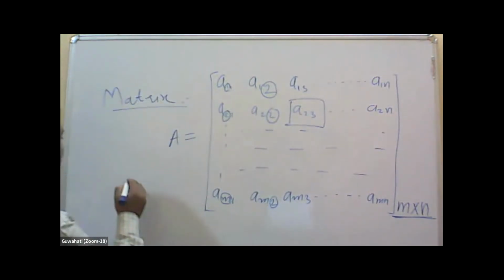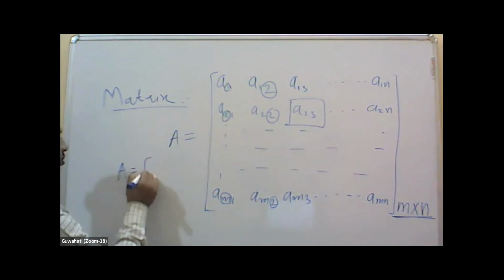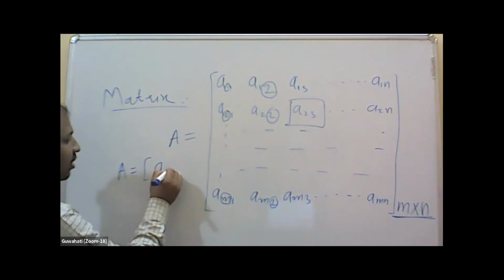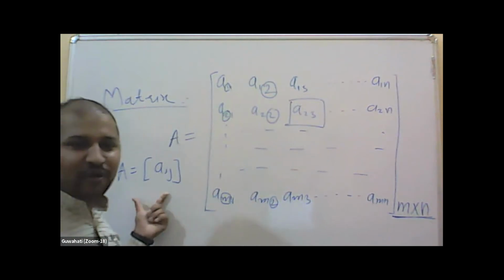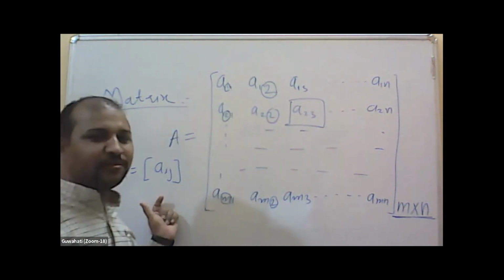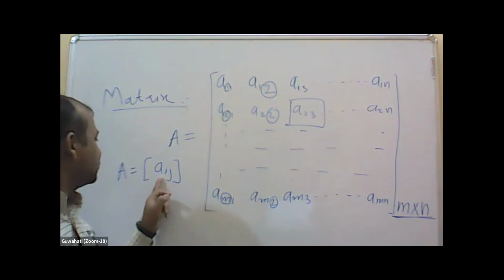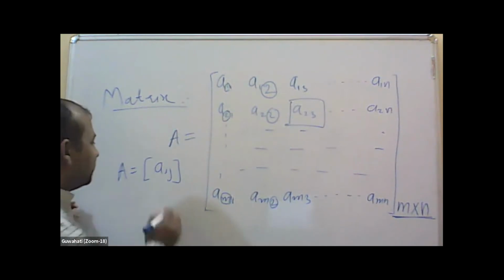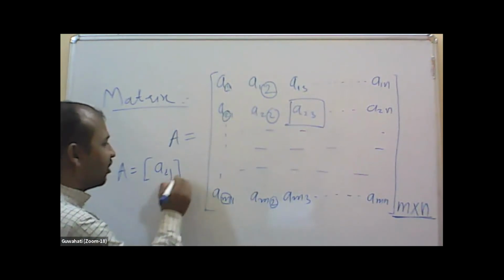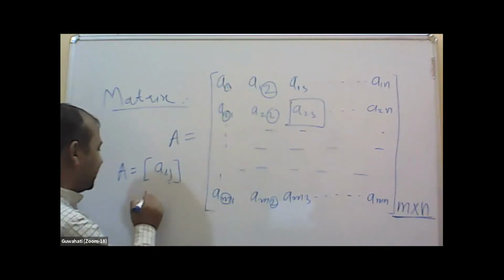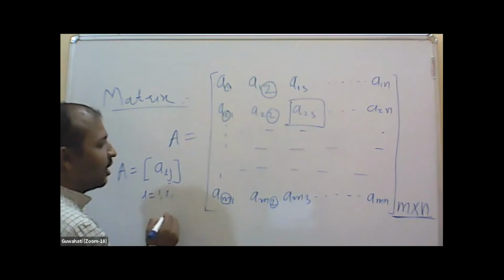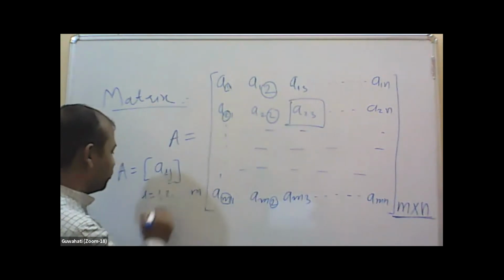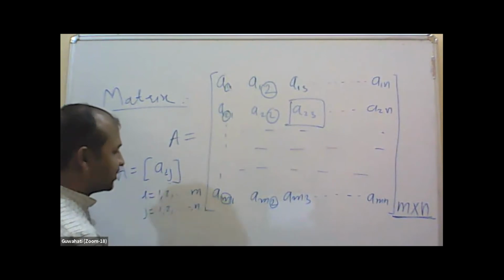Suppose I write A equals this whole matrix, I can write it in a very simple and small representation. I can write A equals Aij, meaning i rows and j columns, where i equals 1, 2, and so on. How many rows are there? There are m rows. How many columns are there? There are n columns.